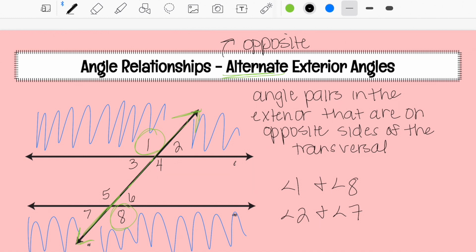Alternate exterior angles are also congruent, which means the same. So angle 1 and angle 8 would have the same measure, and angle 2 and angle 7 would have the same measure.